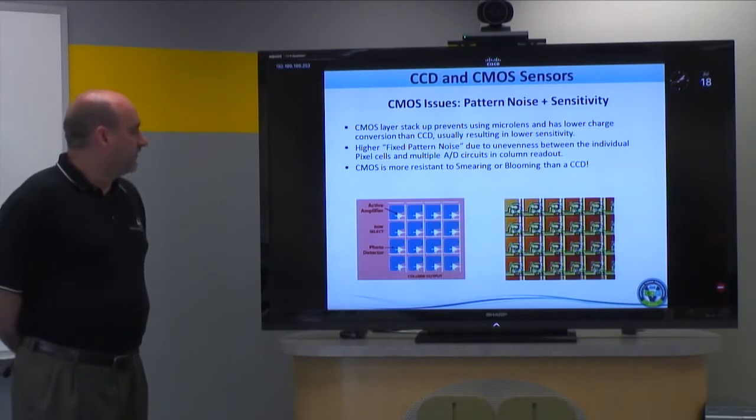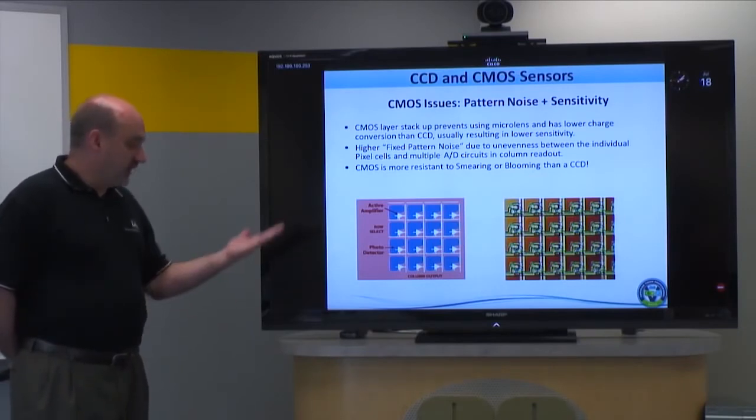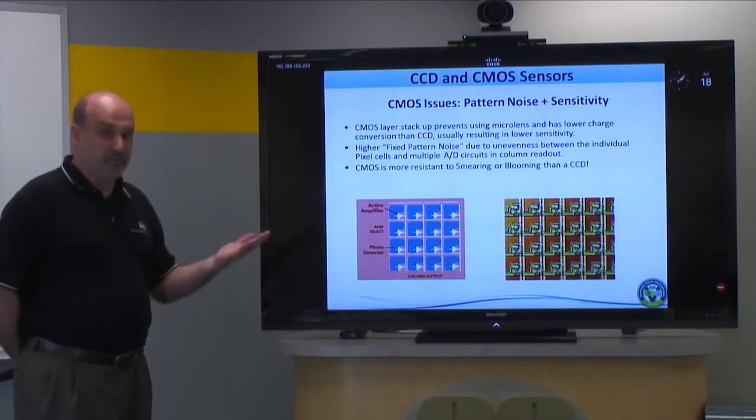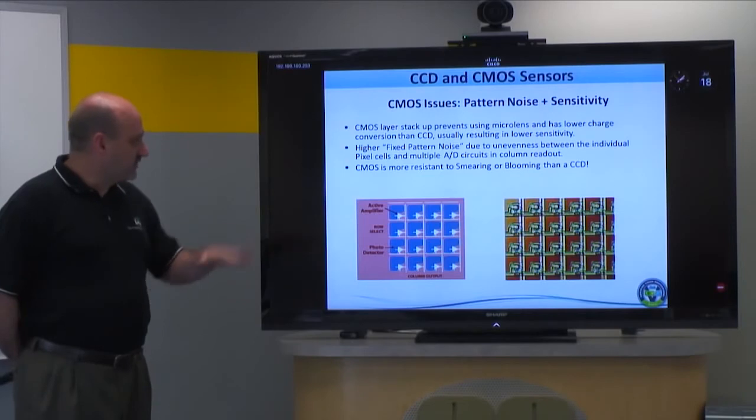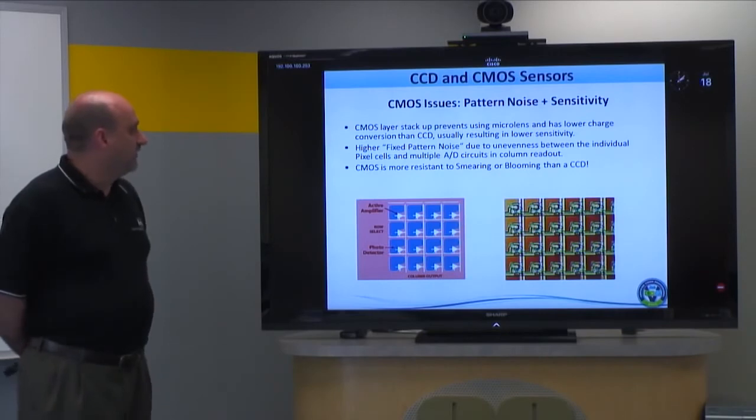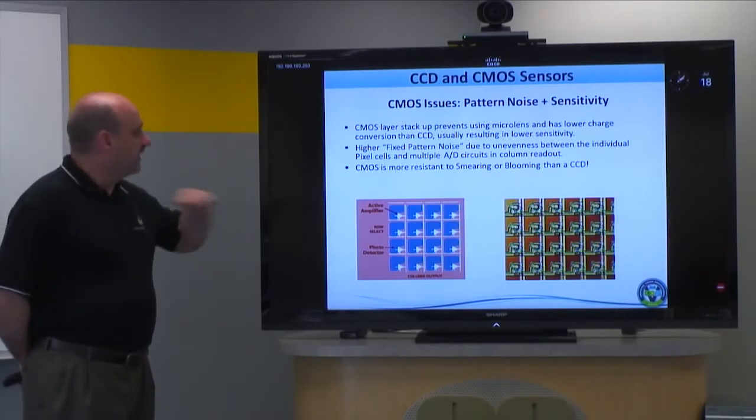So CMOS works by the ability to have multiple layers. It's a complementary metal oxide semiconductor, which means they can have complementary layers building devices on the sensor itself. This is called stack up as they build these layers.